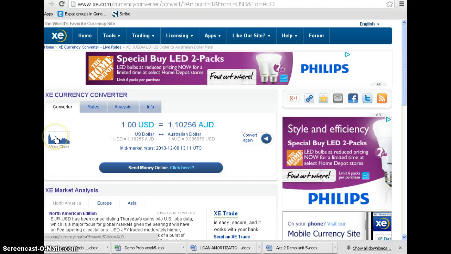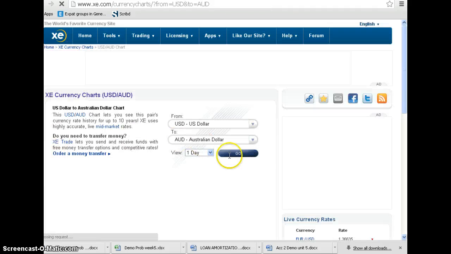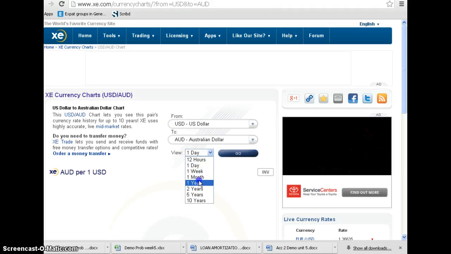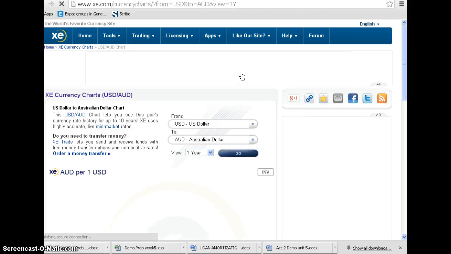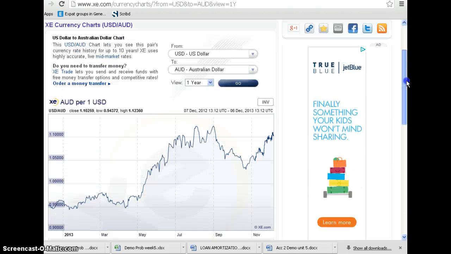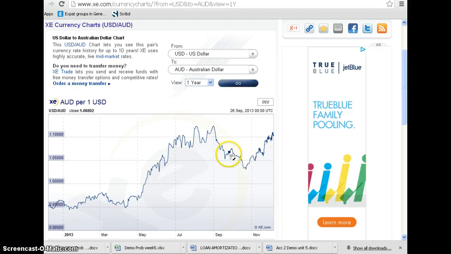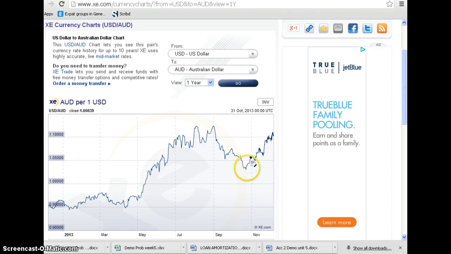View chart over a 1 year period. You can see over the past few months, from the middle of September onwards, the US dollar is able to buy more Australian dollars.